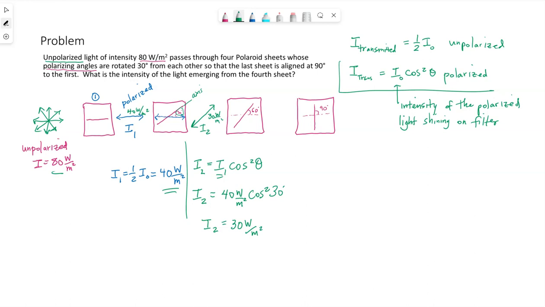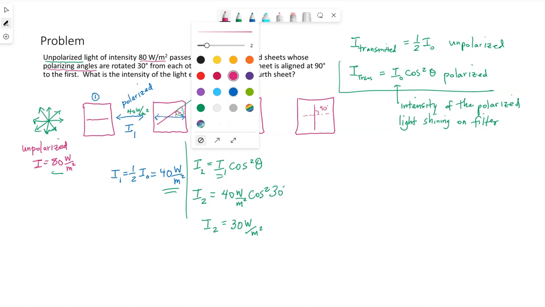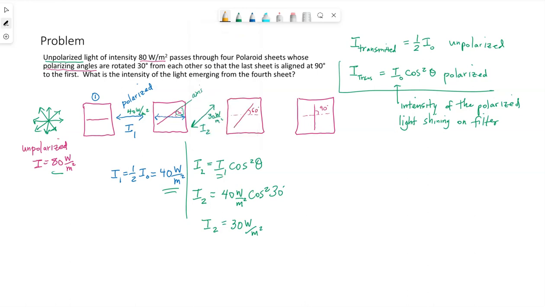This light is shining on this next filter. Let me get a different color. Let's go with orange, I guess. The light that makes it through, because there's not a 90-degree angle, some light will make it through. This is going to be our I3.